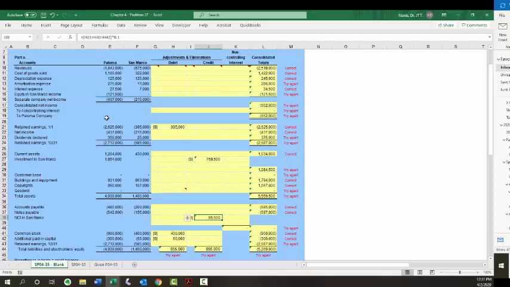The A entry is going to consist of the calculation of goodwill, which was given to us in the problem at $375. And then the customer base.